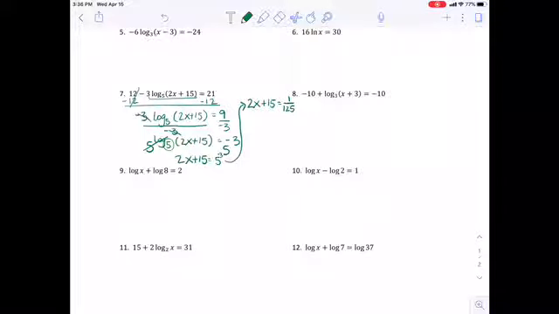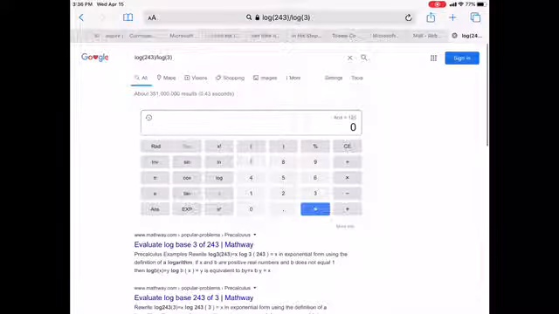Now I can go ahead and solve the equation just like I would normally solve. So I'll subtract the 15 over to the other side, which gives me that 2x equals 1 over 125 minus 15. I'm not sure what that is, so I'm just going to type it in my calculator. 1 over 125 minus 15, which is negative 14.992.